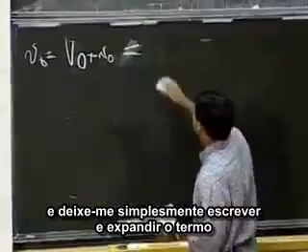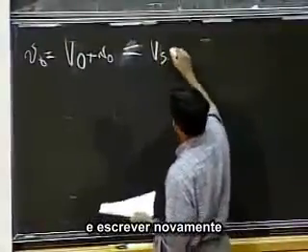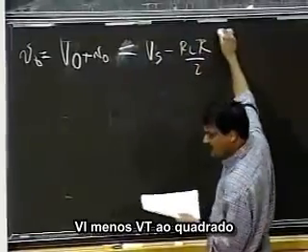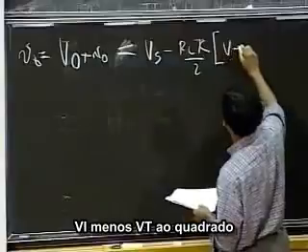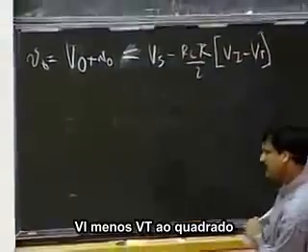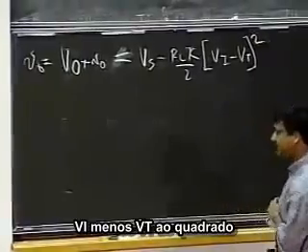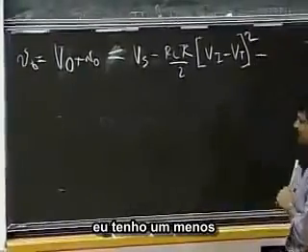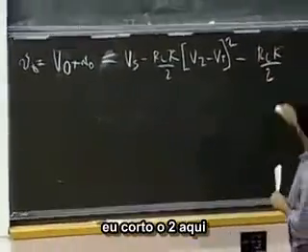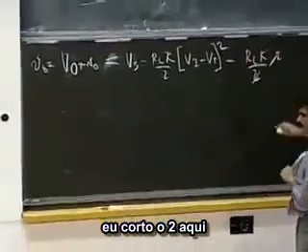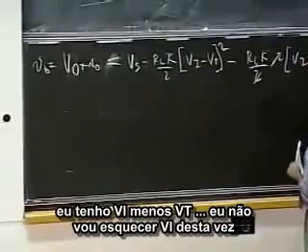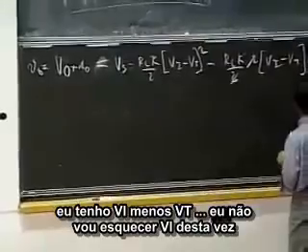Let me expand that term and write it down again: minus RL K divided by 2, (Vi minus Vt) whole squared, and I get a minus RL K divided by 2, I get a 2 here, and I get (Vi minus Vt) times vi. I won't forget the vi this time.